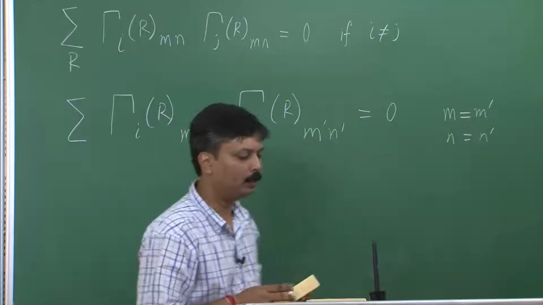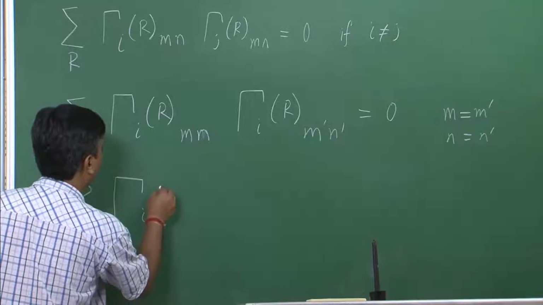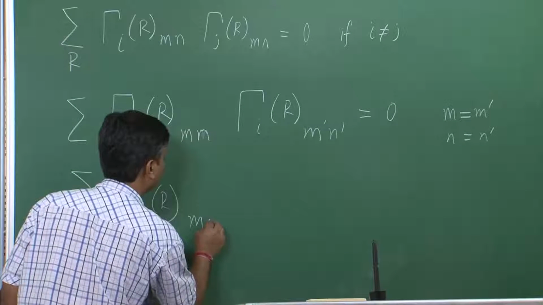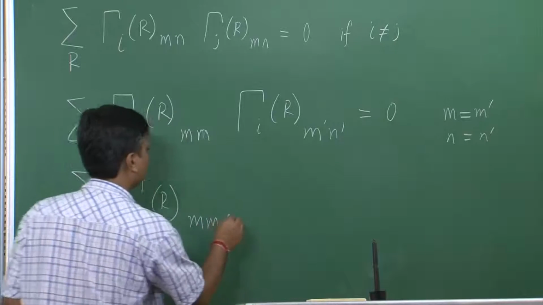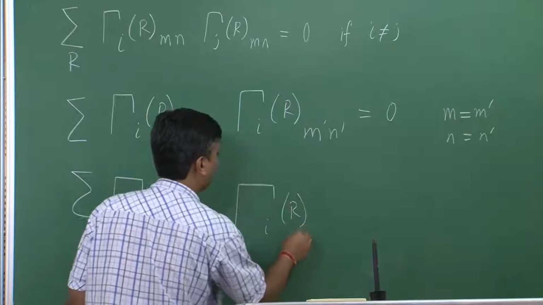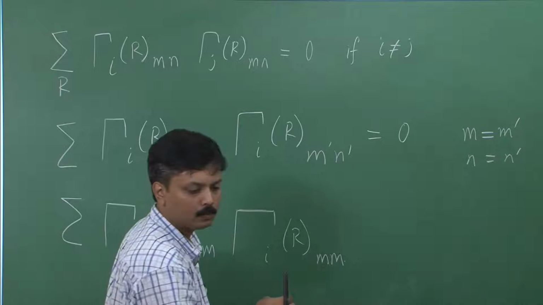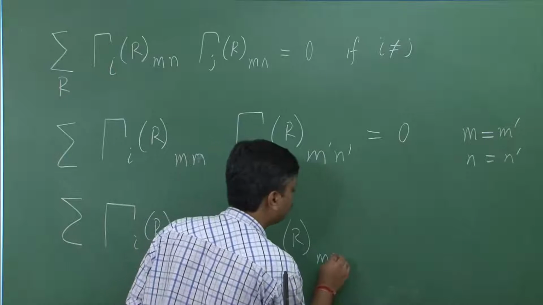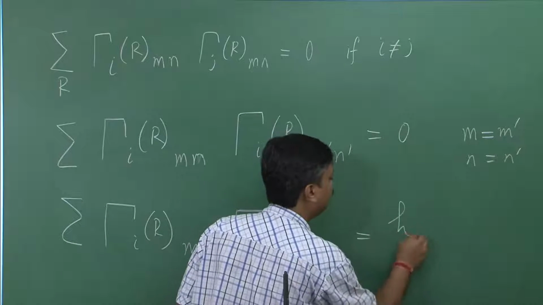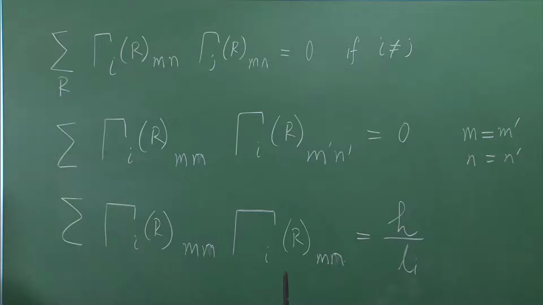And thirdly, gamma i r, this will give me the value of h by li.